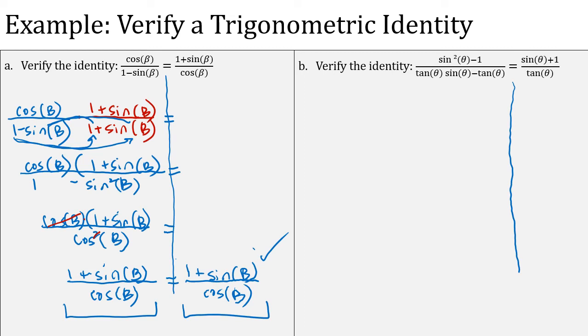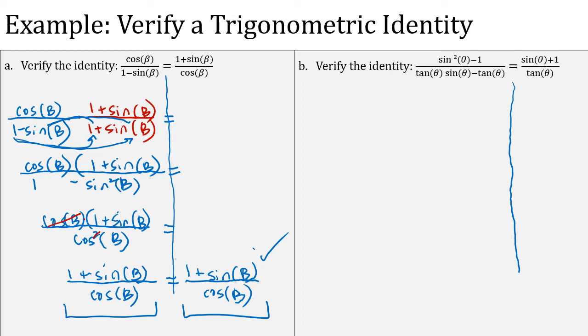Now, the technique that I'm going to use here: sine squared theta minus 1 could be a variation of the Pythagorean identity, but I'm also noticing that sine squared theta minus 1 could be factored as a difference of squares.